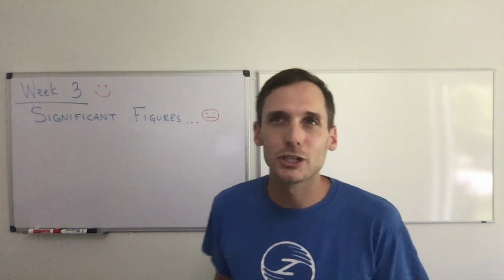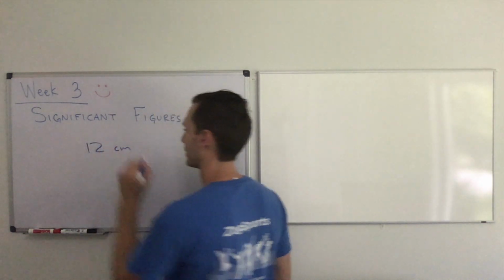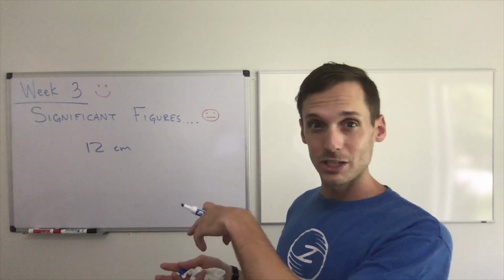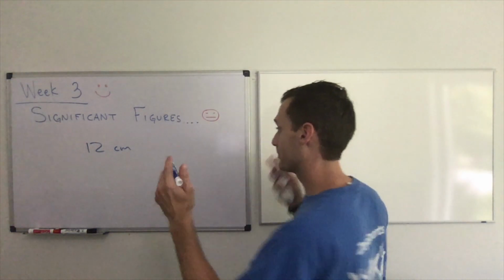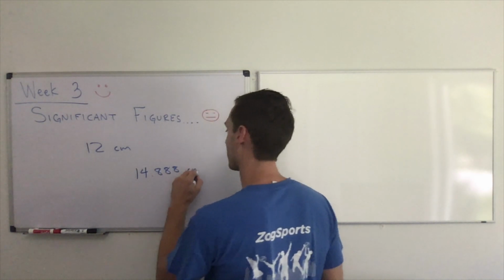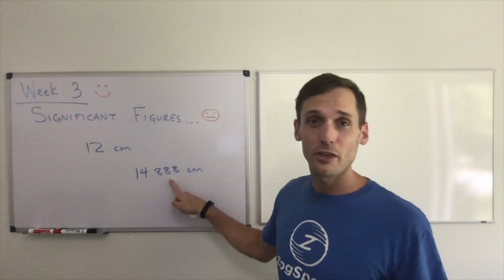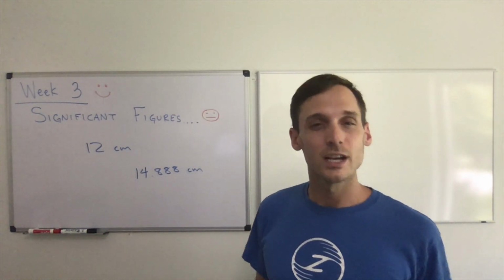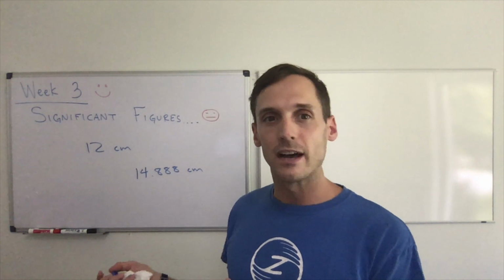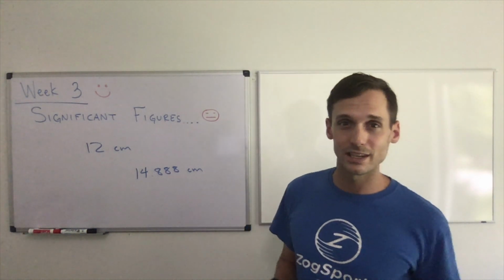So you can't measure a value that's like 12 centimeters, and then use that value in a calculation and end up getting 14.888 centimeters, right? This is a whole number of centimeters. This is to the thousandth of a centimeter. So you can't increase the precision of your measured value simply through calculations. So that's why we have to do significant figures.